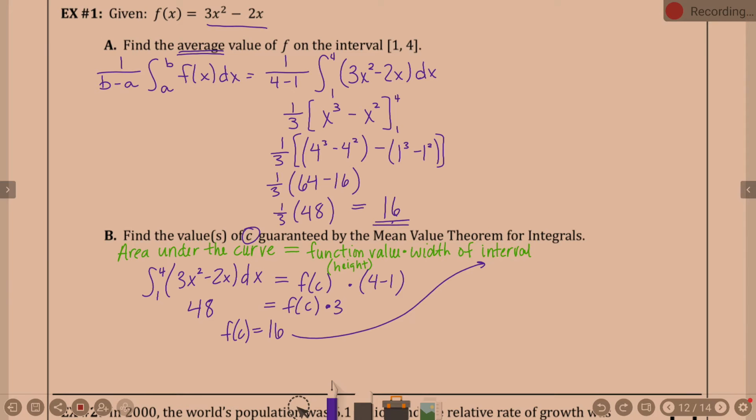So f of c, instead of 3x squared minus 2x, I'm going to say 3c squared minus 2c equals 16. How do I solve this? Subtract the 16. And we need to factor.